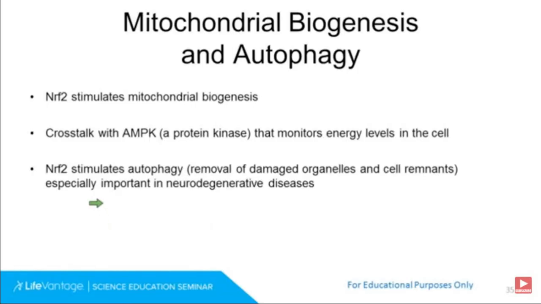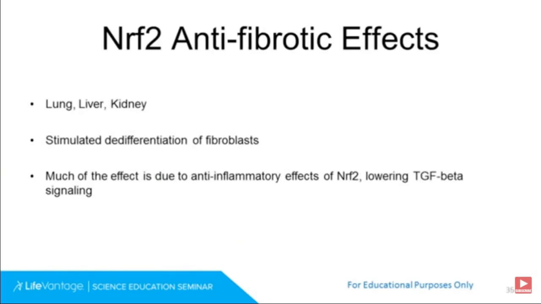There's another protein called AMPK that there's crosstalk between it and Nrf2. AMPK is another anti-aging pathway that helps to monitor the energy levels in the cells. And one of the other things that Nrf2 does is it helps with autophagy, which is removal of damaged cell parts. Basically, it's helping to get rid of the junk that can build up in your cells that can interfere with normal cellular function.